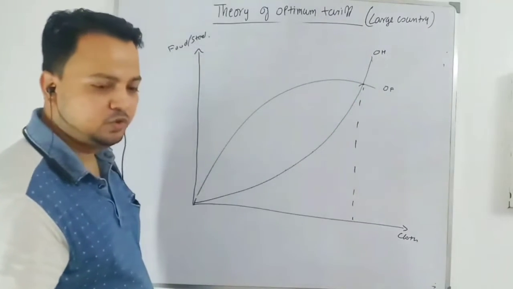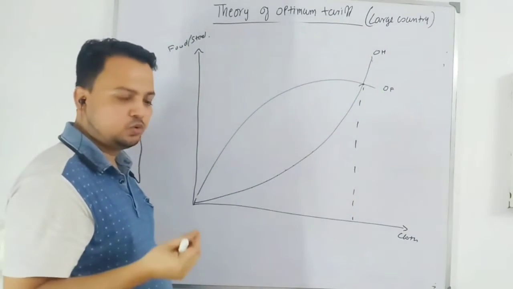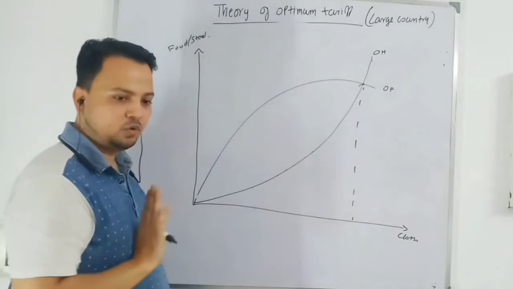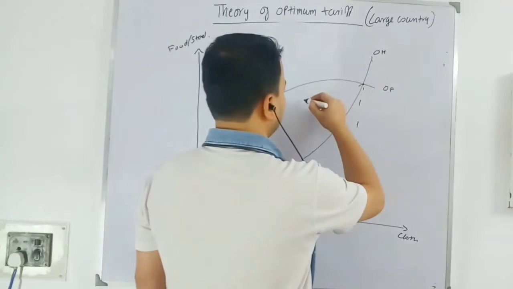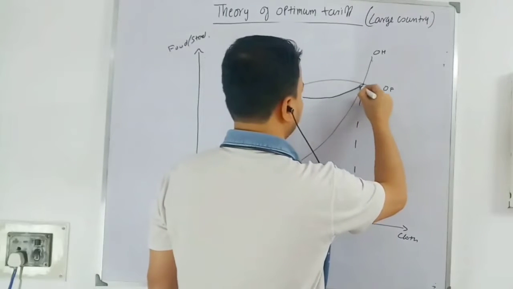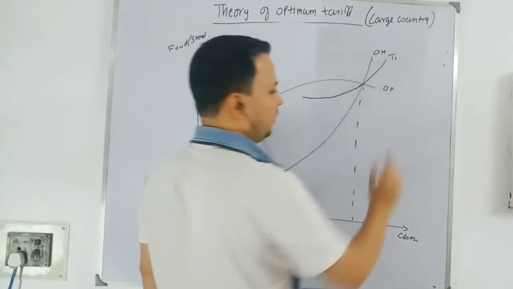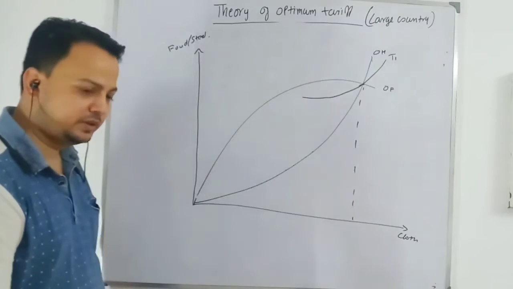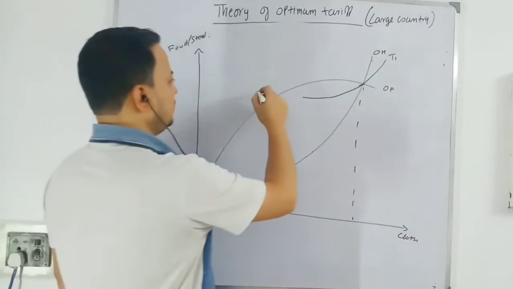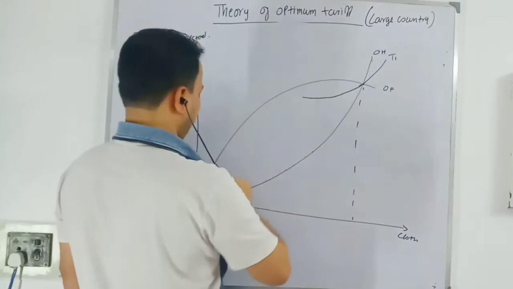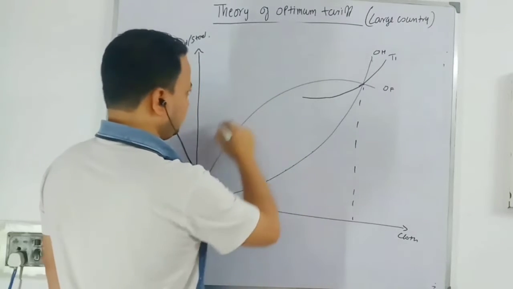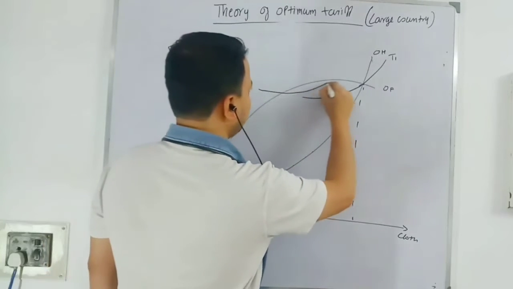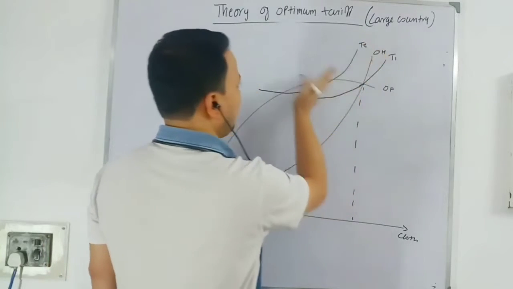Now, we will be using the trade indifference curve in order to show the welfare of the home country. So, suppose this is your trade indifference curve 1. Now suppose this is another trade indifference curve, say T2, which is on the higher side.